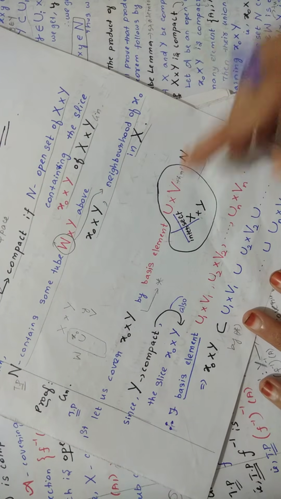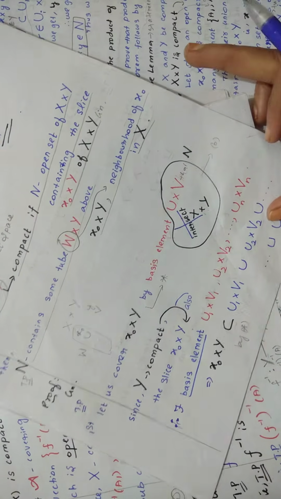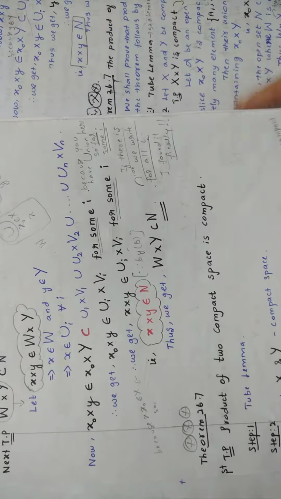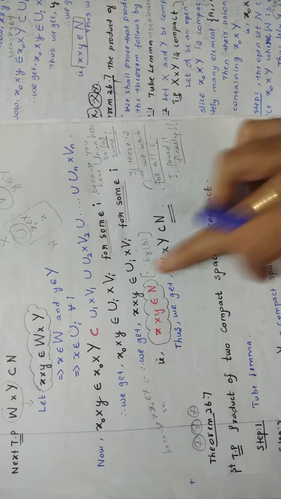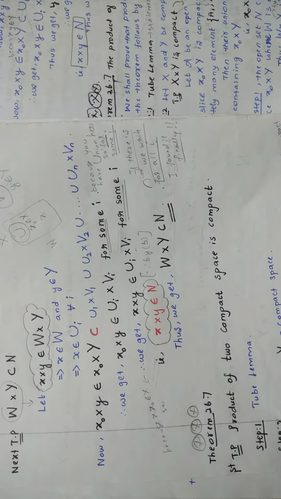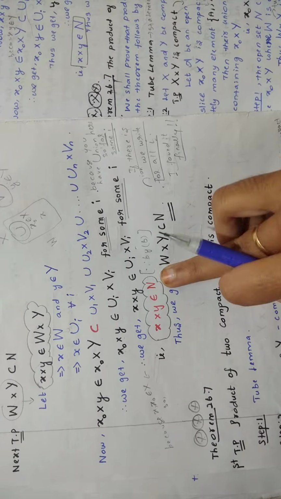So what we know is that this basis element is present inside N. You will know that from this line. That is why you write that the basis element is present inside N, which you have in the third line. So using that you can write x cross y belongs to N in this step.